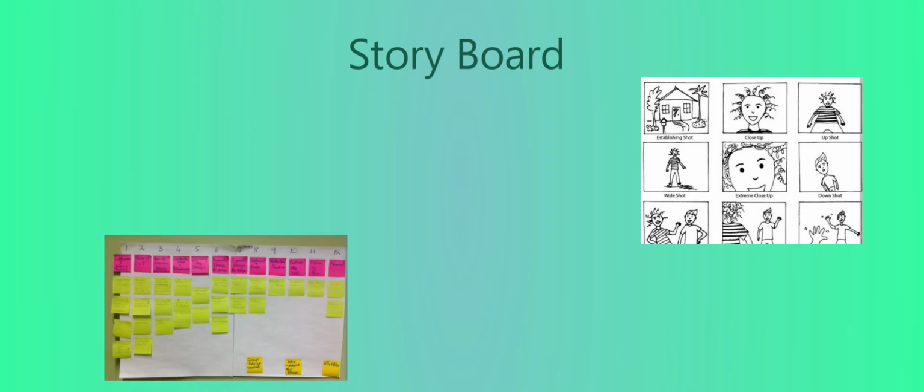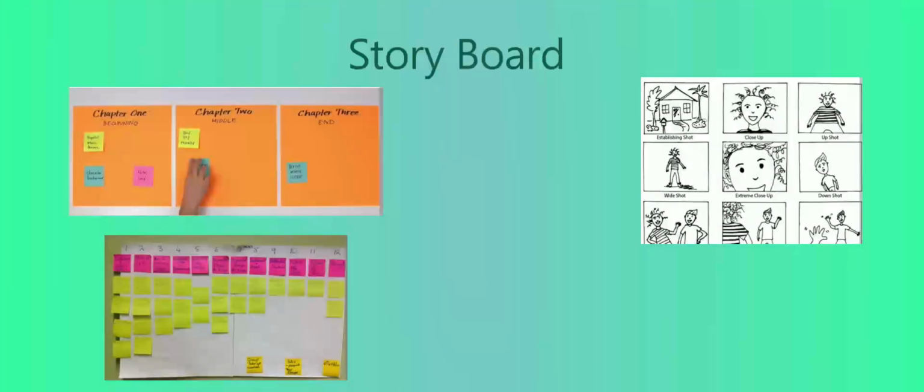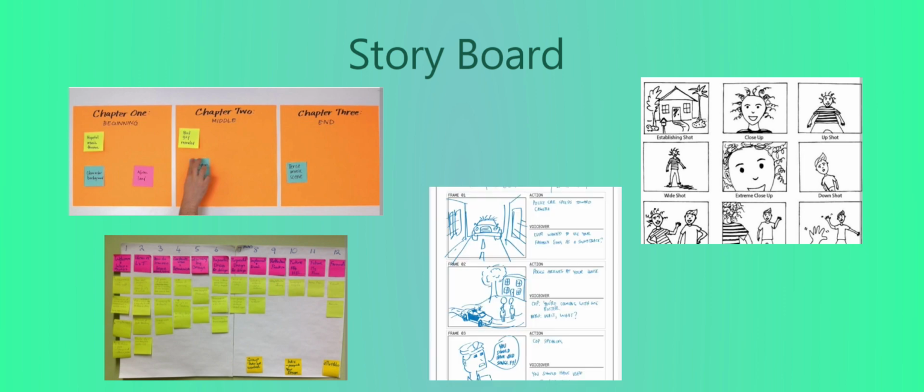So this first one we're going to be talking about is a storyboard. I've gone ahead and pulled up some examples of what a storyboard can look like. Storyboards are mostly used for movie and TV show script writers. It's where, as you can see in these pictures, you can actually draw out the events of what happens.